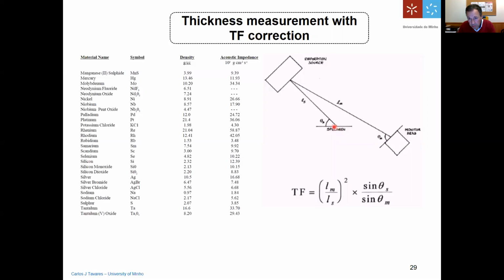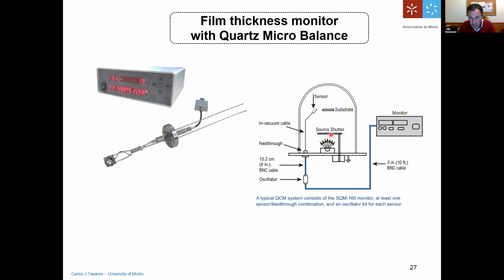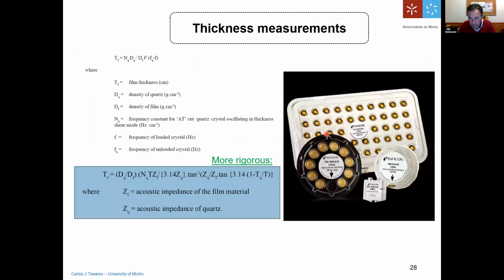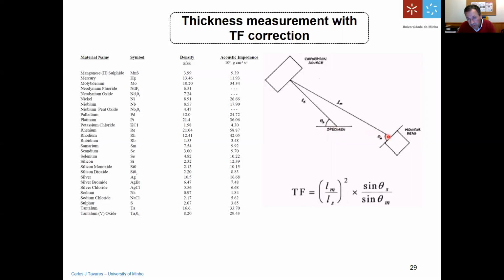If you are doing this perpendicularly, theta S is 90 degrees, as in this case. And this angle relates the normal to the evaporation source and the normal to the monitor head.